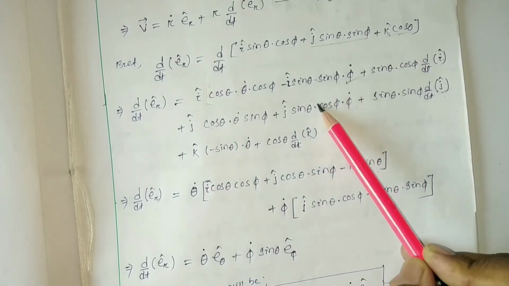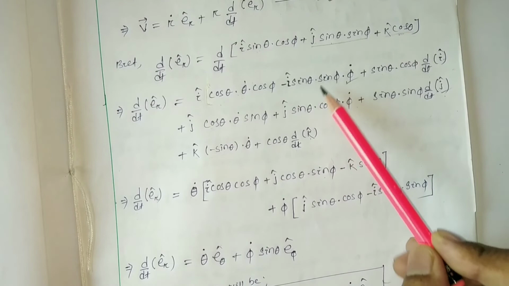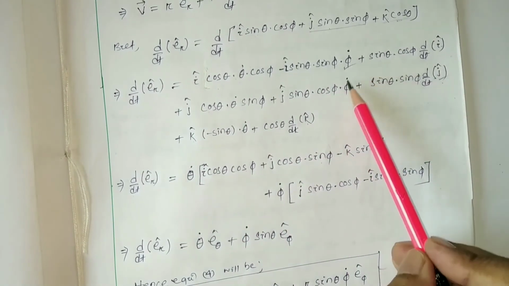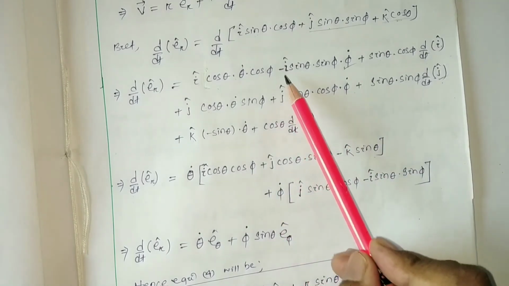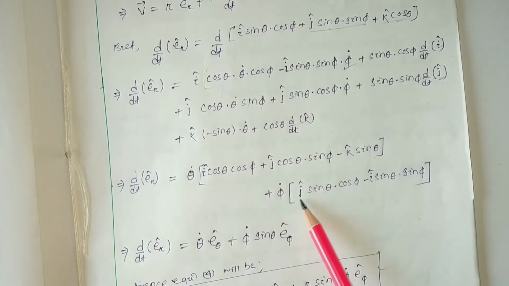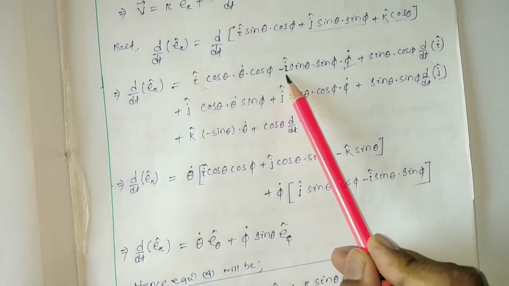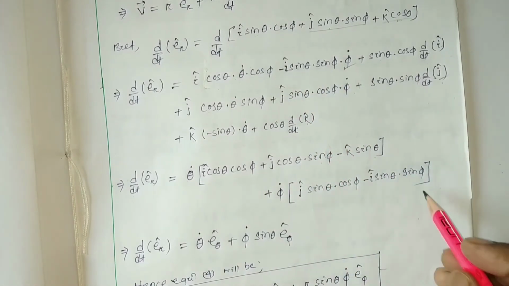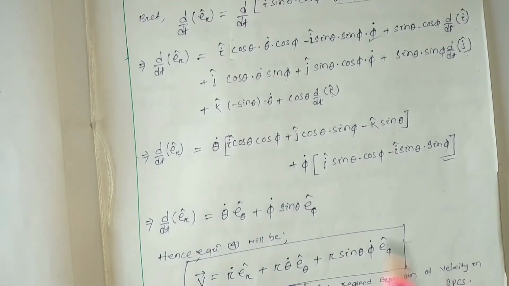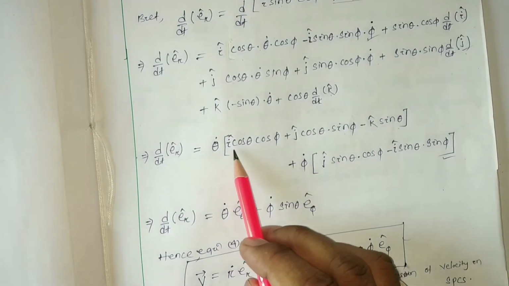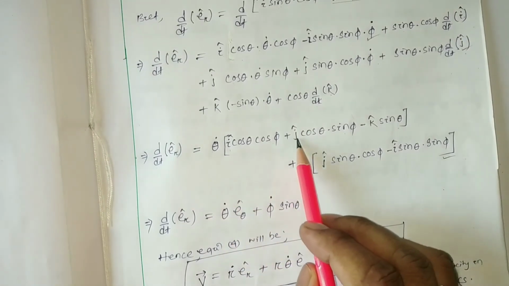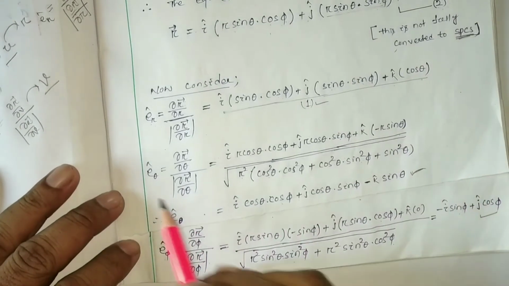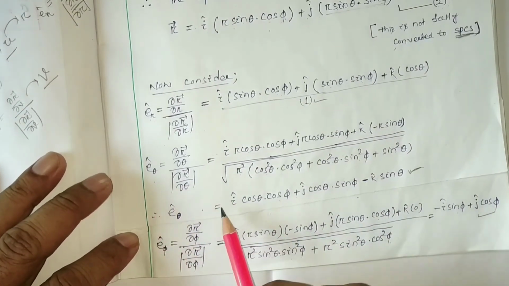And in these two terms phi dot is common, so phi dot taken outside: j cap sin theta cos phi minus i cap sin theta sin phi. So here i cap cos theta cos phi, j cap cos theta sin phi minus k cap sin theta is nothing but your e theta cap. Here we found this one.